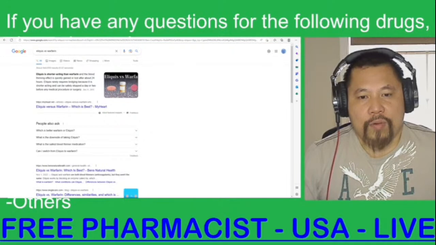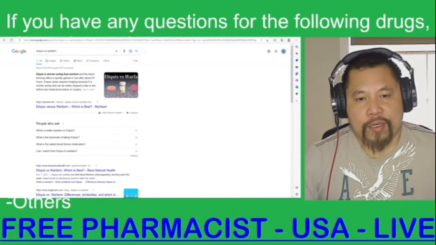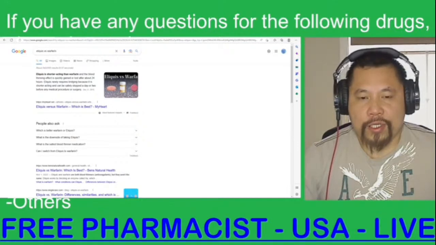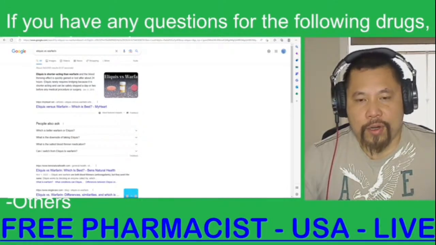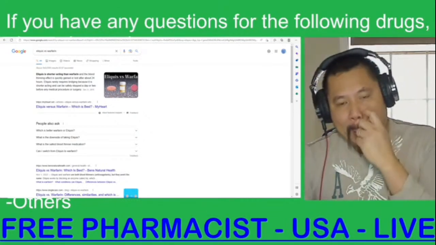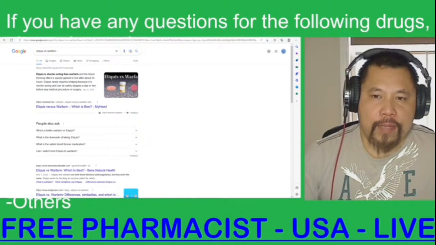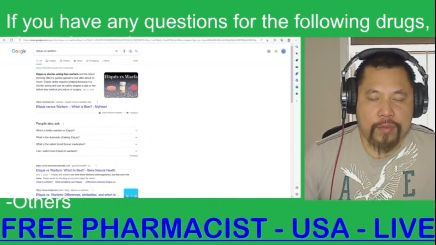Usually warfarin takes 3 to 5 days to start working in your body when you just start it, and then 1 to 2 weeks to get to the peak, and it becomes a stable state after 2 weeks or so.